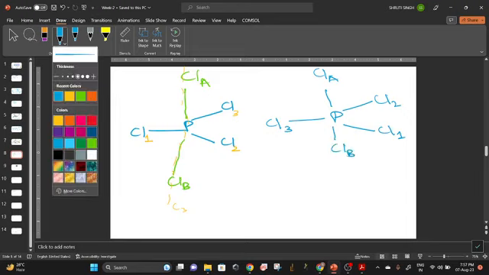Now we have to put a perpendicular reflection.